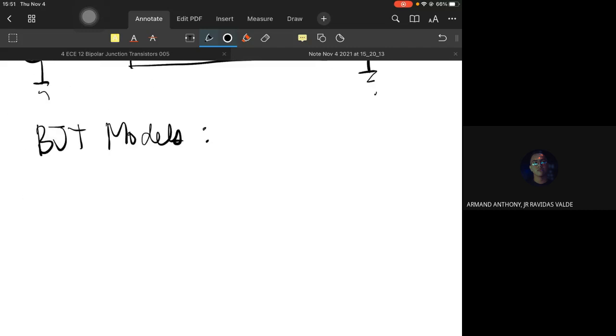Isa sa pinaka sikat, commonly used before, na wala na mention sa atong book is the Ebers-Moll model. Spelling the Ebers-Moll, ha. The Ebers-Moll model.